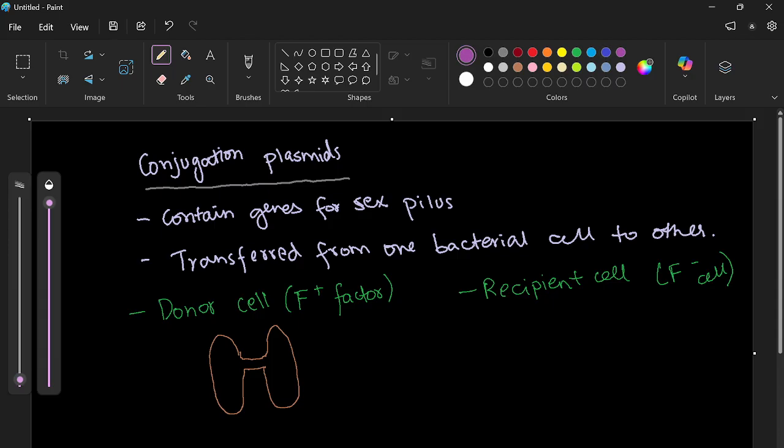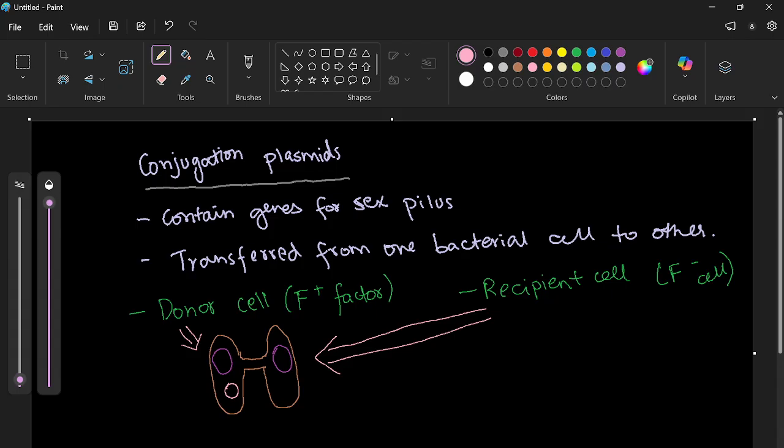So I'll be showing the normal chromosome with a purple color. Okay, these are the normal chromosomes. And now the plasmid one is here. This is the plasmid in only the donor cell and not this recipient cell. That's how it makes this one a donor cell, okay? This is the donor cell and this is the recipient cell.